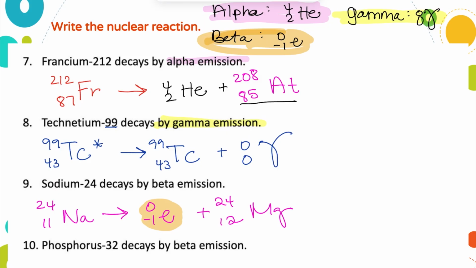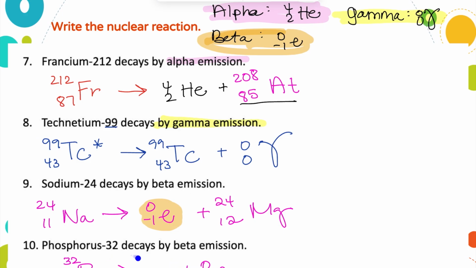Last one, if you want, try it on your own. Phosphorus 32 decays by beta emission. So again, we've got phosphorus 32. I look at my periodic table. That phosphorus is number 15, decaying by beta emission. If I wanted, I could put my beta particle second. It doesn't matter the order I put them in as long as I have both on this side.